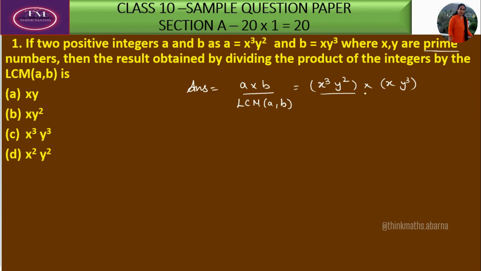So what is the LCM of a, b? What do we mean by LCM? It is nothing but the product of the greatest powers of all the prime factors. The prime factors here are x and y.